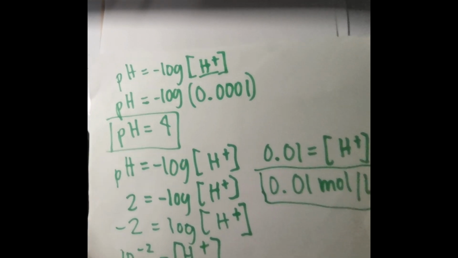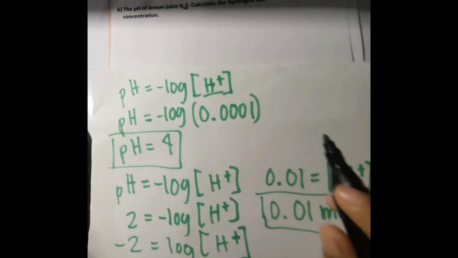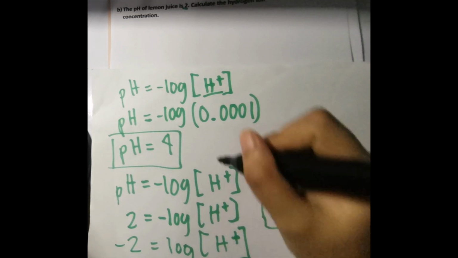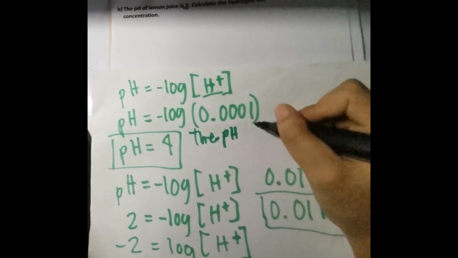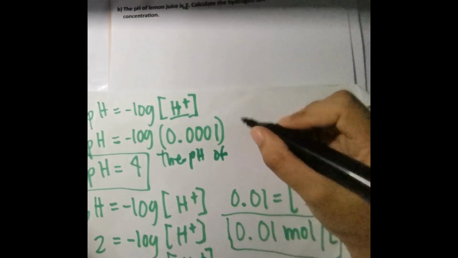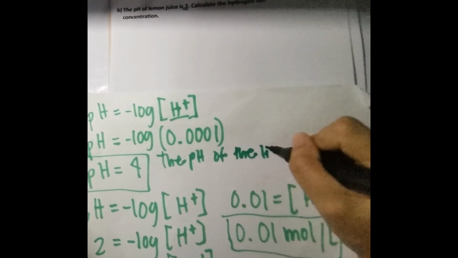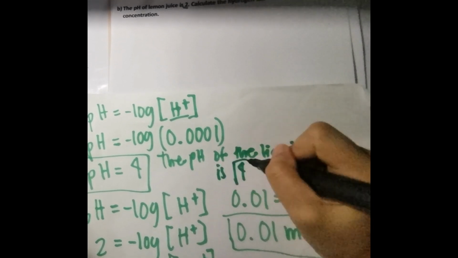Let's go back to our letter A. Sorry, I forgot the conclusion. So the pH of the liquid is 4.